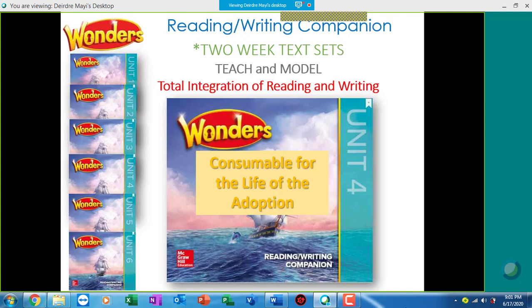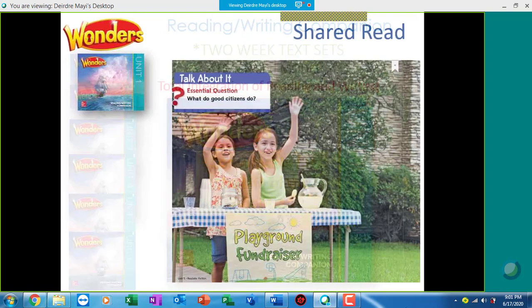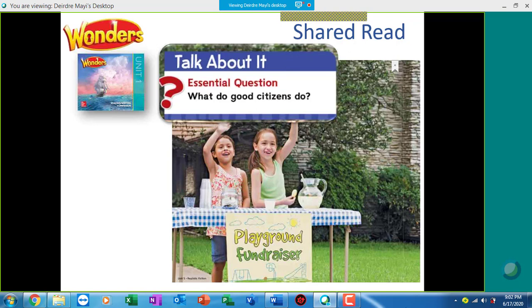So how will the students first encounter the Reading Writing Companion? Well, as they open up the week, the first page shows the students the essential question. For this particular week, the essential question is, what do good citizens do? The students are going to see an image.